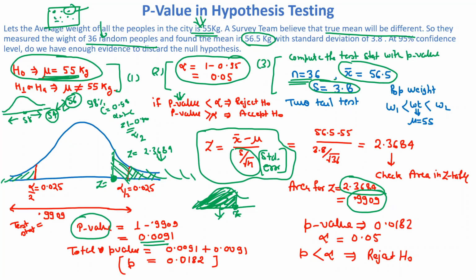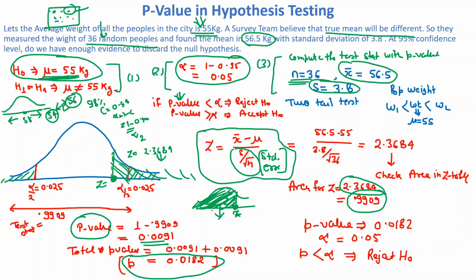This area we are getting as 0.0091. Because this is a two-tailed test, alpha is split as alpha by 2, so we need to multiply this value by 2, or add the same value, because we have to measure both sides. So the total p value is coming 0.018.